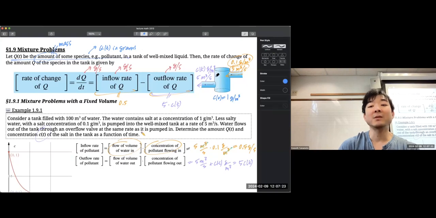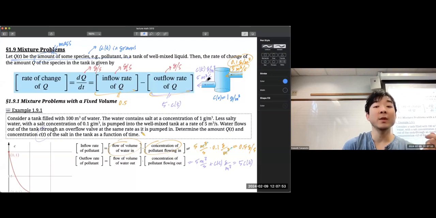So the best you can say is it's some unknown concentration C of t, which is the function that models the concentration in this tank at some given time t. So the concentration of the pollutant flowing out will be equal to some C of t. But the problem does say that we're going to have the outflow valve pumping water at the same rate water is being pumped in.